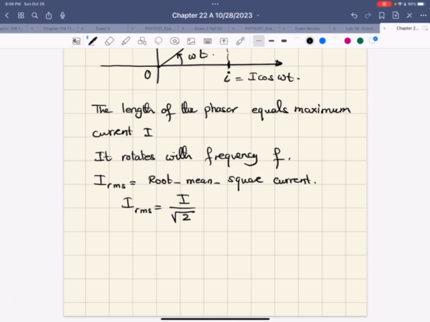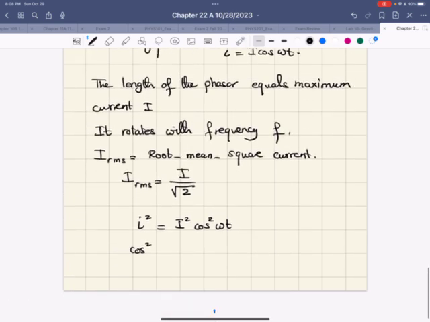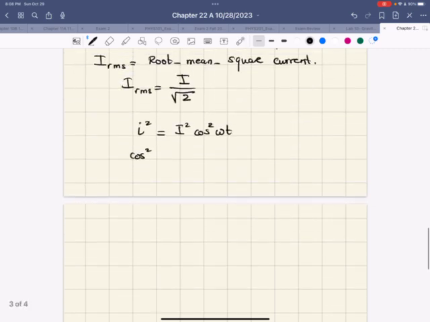IRMS is never 0. If I say i squared is going to be I0 squared cosine squared omega t, then we know from trigonometry that cosine squared of a quantity a equals 1/2 times 1 plus cosine 2a.